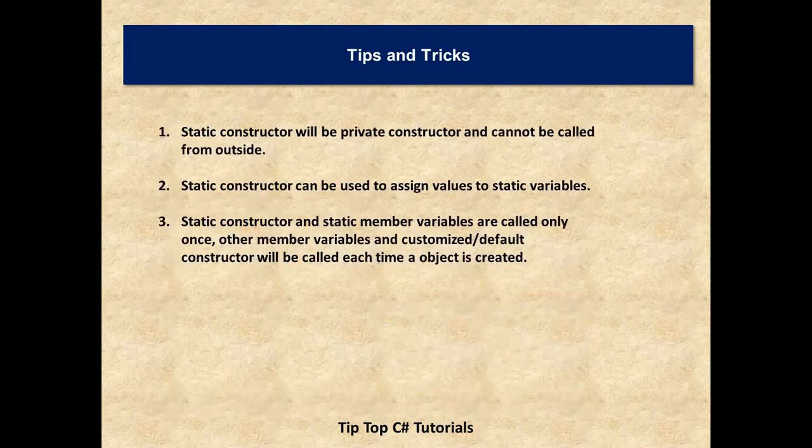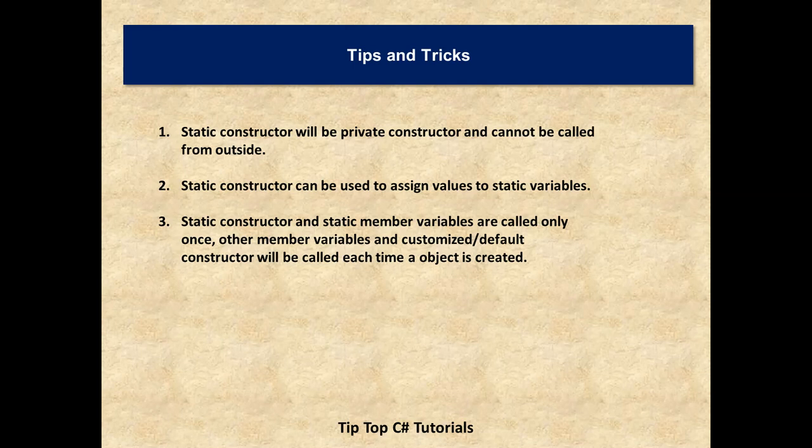Moving on. There are tips and tricks that you need to remember whenever such an interview question is asked. The static constructor is a private constructor and cannot be called from outside. It will be called internally by the compiler or CLR automatically. A static constructor can be used to assign values to static variables, or if you want to load a file, you can do it at the time of the static constructor.